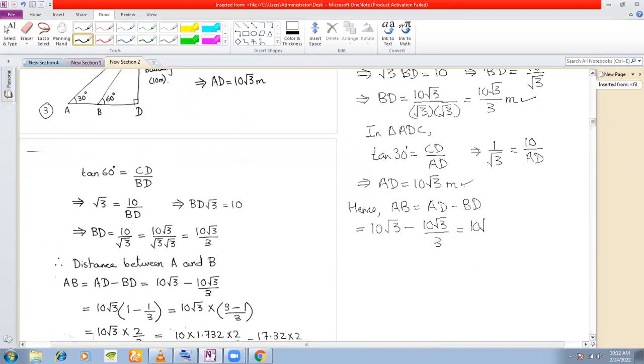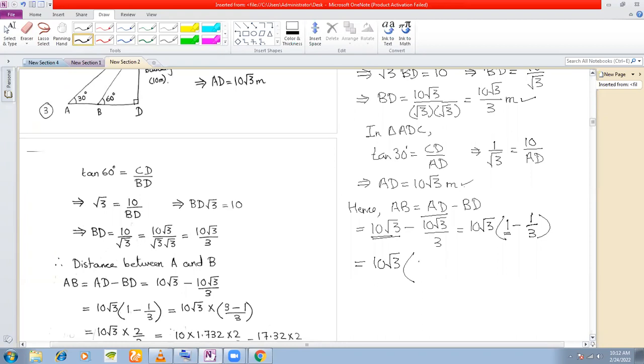What we'll do is we'll take 10 root 3 common from the 2. So we are left with 1 minus 1 by 3. If I take out 10 root 3 from 10 root 3, I'm left with a 1. And if I take out 10 root 3 from 10 root 3 by 3, I'm only left with 1/3.